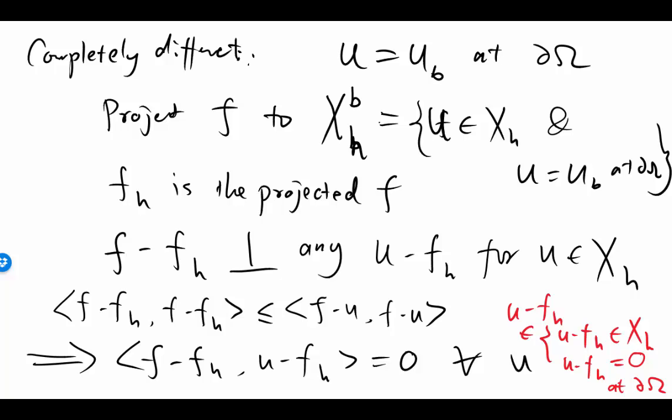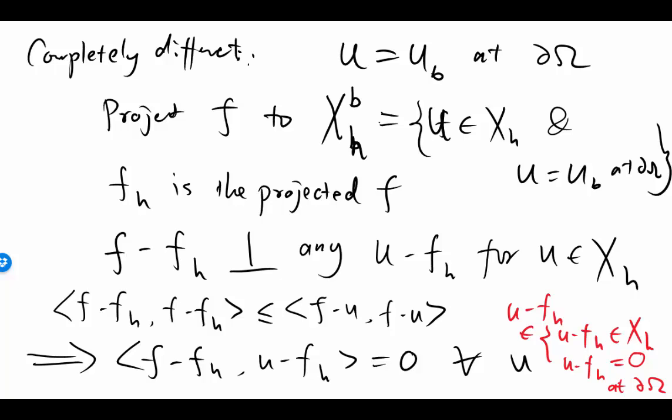And the projection is projecting any f to this space, and the projection can be tested by the orthogonality of f minus fh to the difference between any two vectors in this affine space. And the difference between any two vectors in the affine space is an element in the now linear space that satisfies the homogeneous version of the same boundary condition.